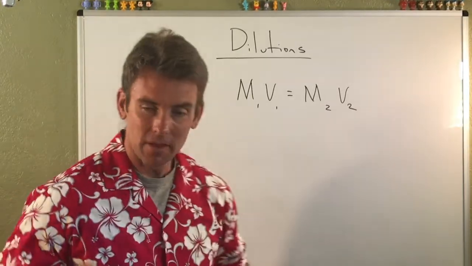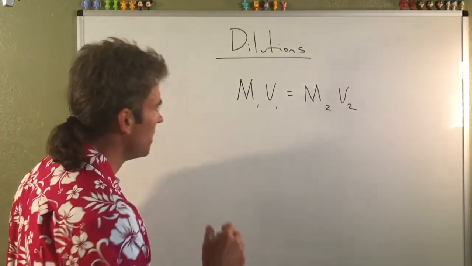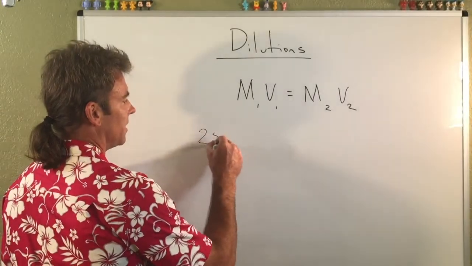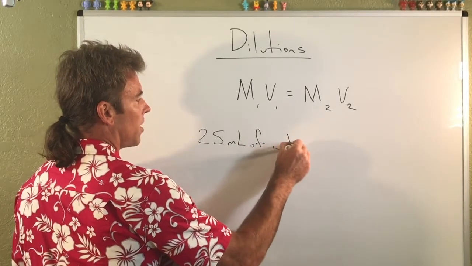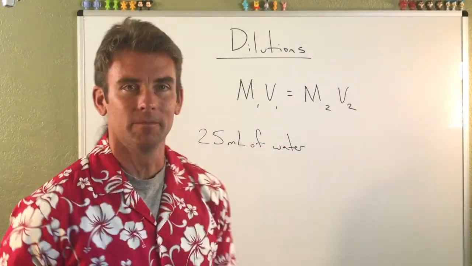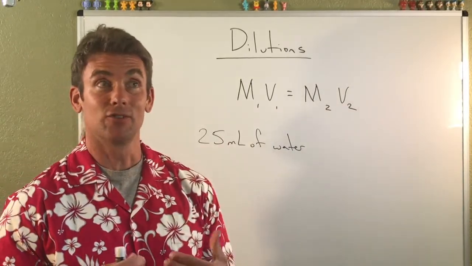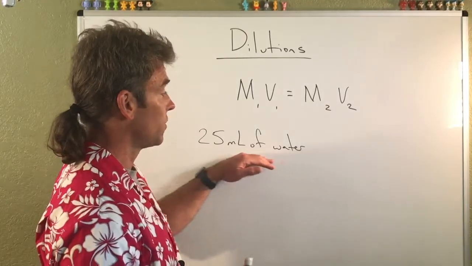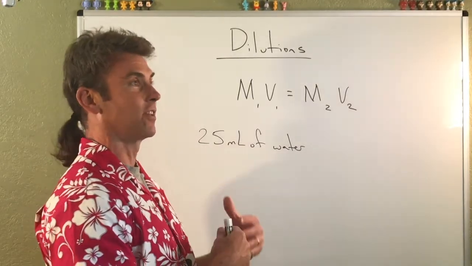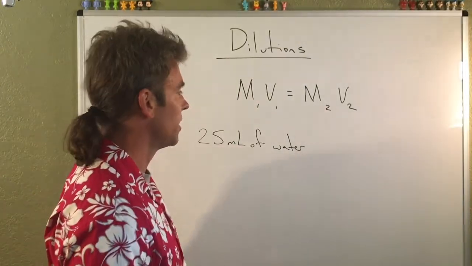The question that I chose, if I remember correctly, you're going to be adding 25 milliliters of water to a solution, right? If you think about what that's going to do to this concentration, it should go down, right? Because you have the same number of moles, but you're adding a whole bunch more liquid. So that's how we're going to use this.